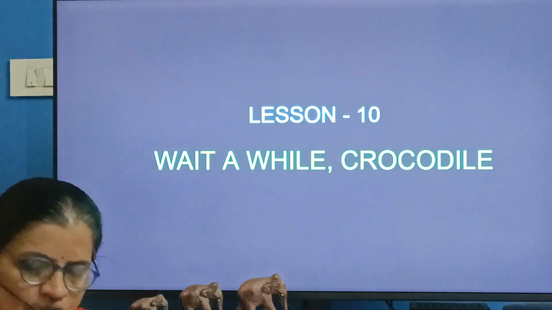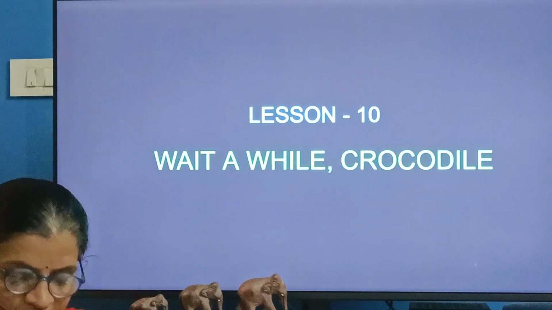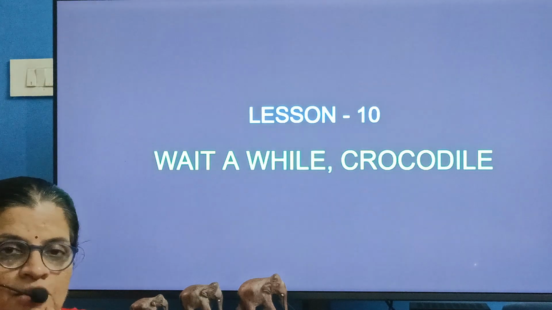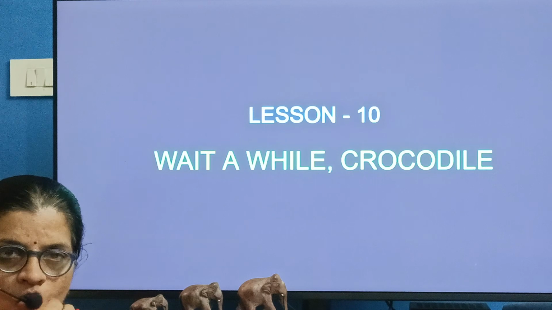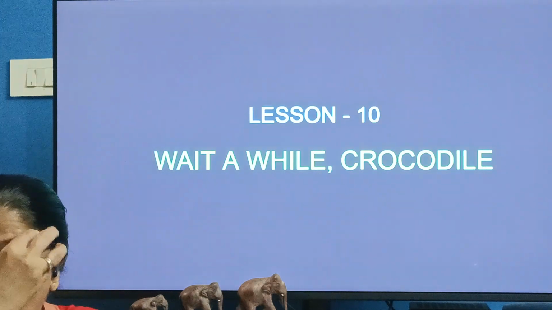Now we are going to the third group, that is the gharial. They have long slim jaws. Jaw means the long one, a long stick like that, and they have bulging eyes.